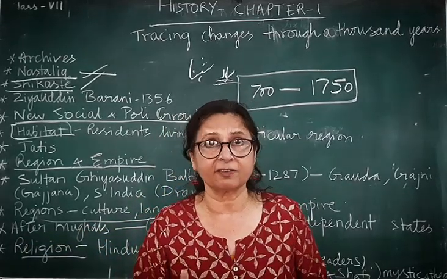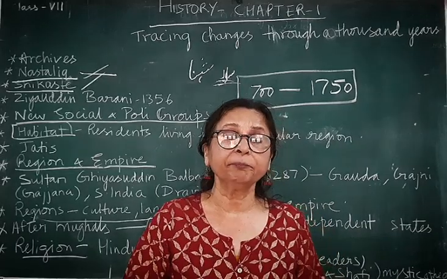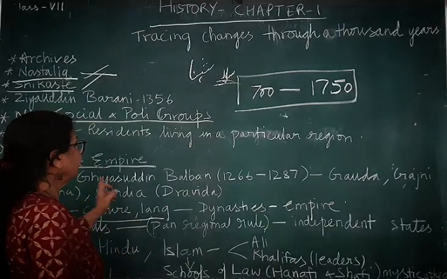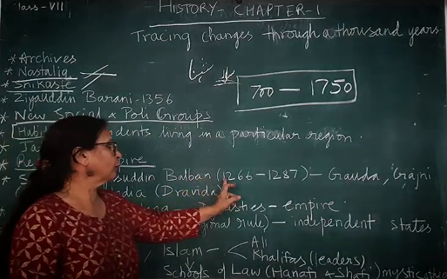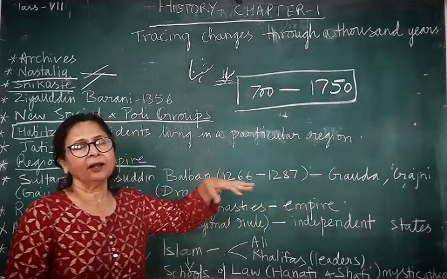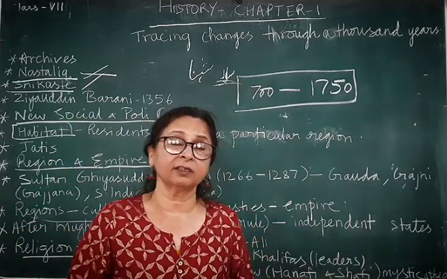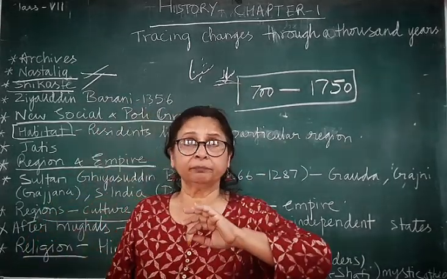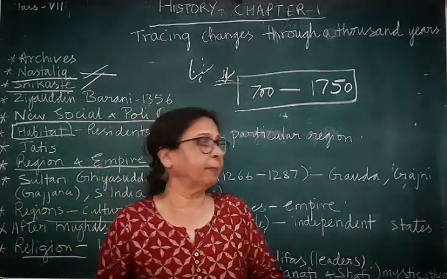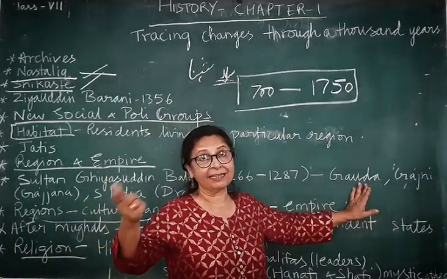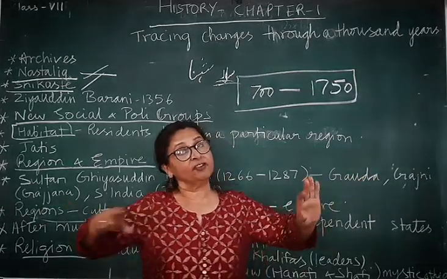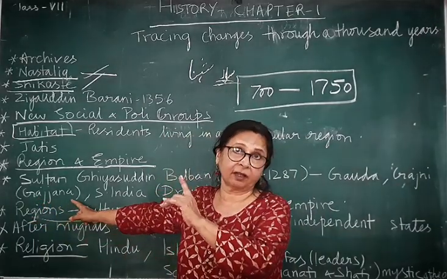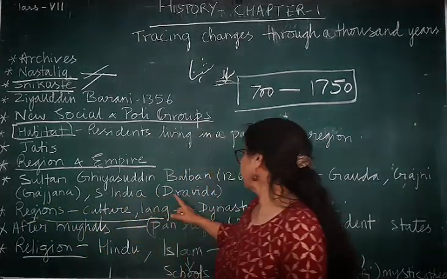So in one of the Sanskrit Prashastis, we read about Sultan Ghiyasuddin Balban, who ruled from 1266 to 1287, and a lot of praise has been written for him, that his rule stretched from Bengal, which was called Gauda, right in the east, up till Ghazni or Ghazna in Afghanistan, and then in South India, that is Dravida.